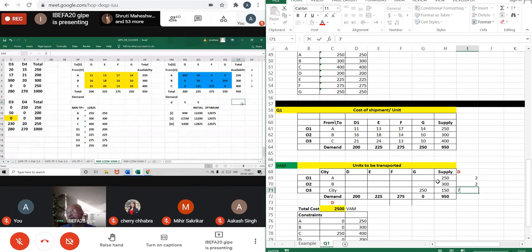Is that clear? In the question sheet, the problem also we have done 3 by 4.